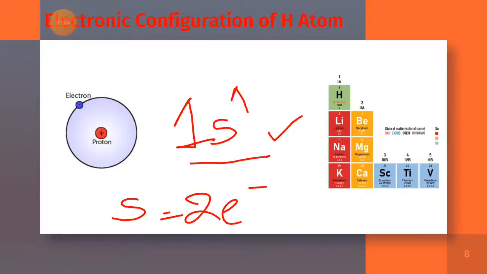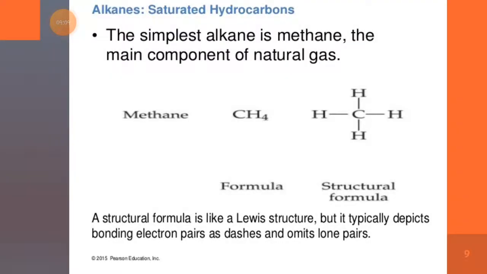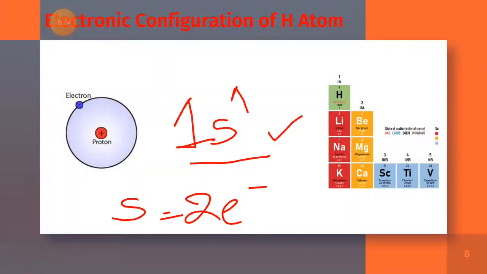So the hydrogen atom will share this one electron with any other atom in order to complete its orbital. Since the electronic configuration for hydrogen is 1s1, the hydrogen atom can only form one bond. Carbon atom can form 4 bonds and hydrogen atom can form only one covalent bond.